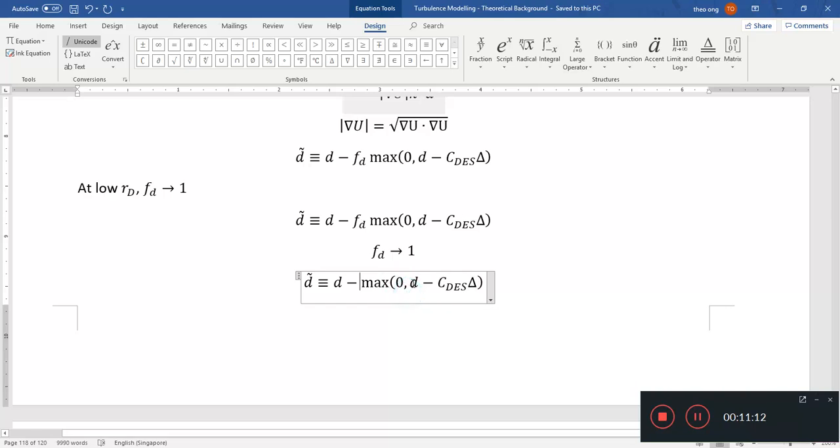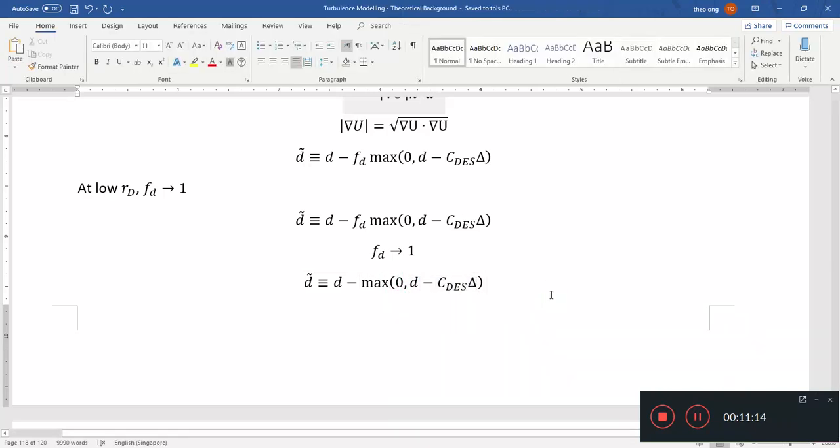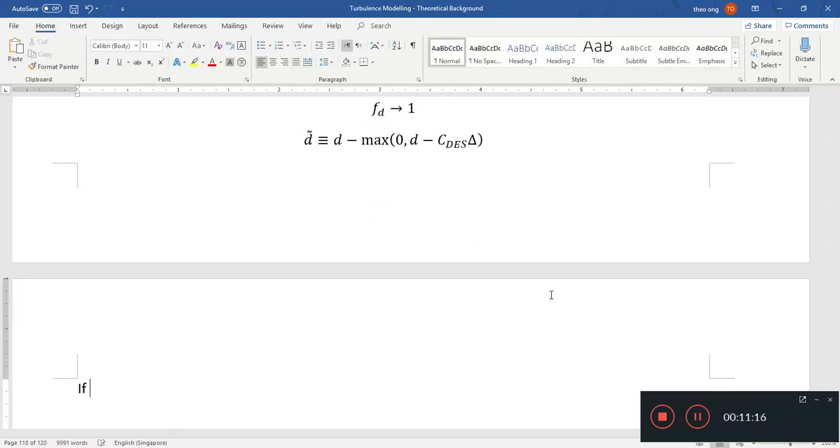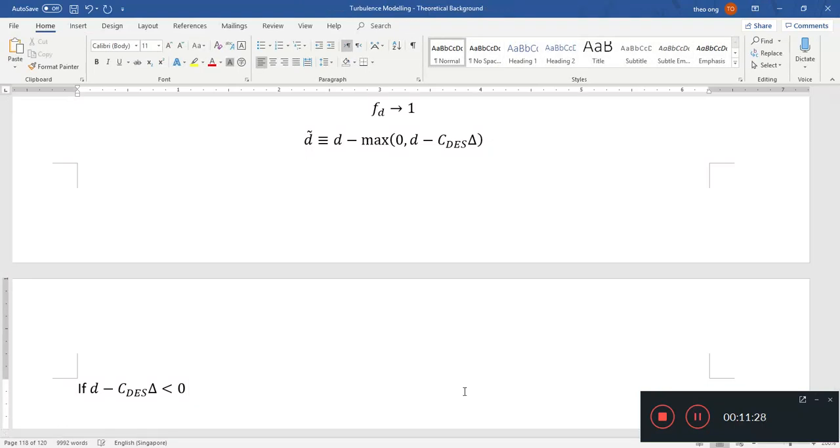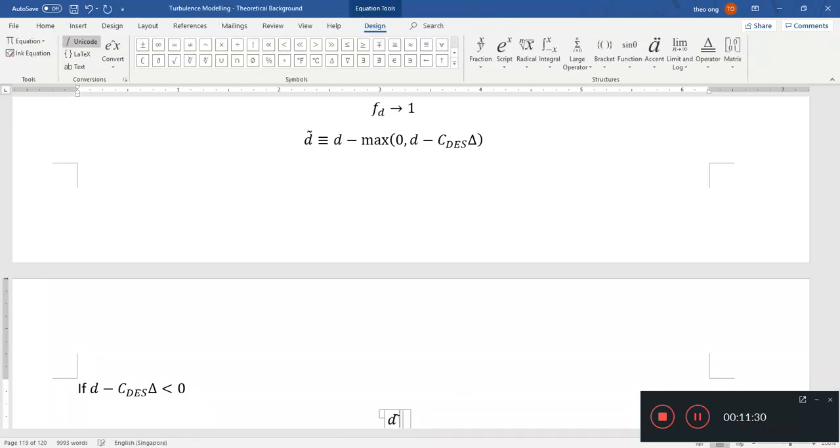That means if d minus c DES delta is less than 0, d tilde equals d.